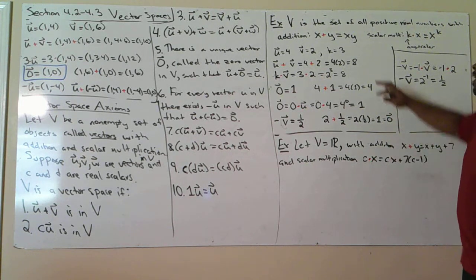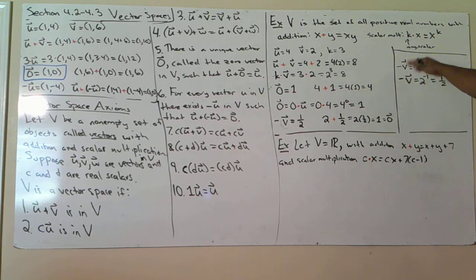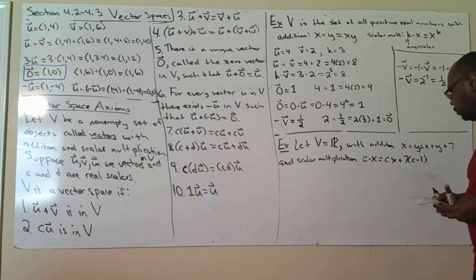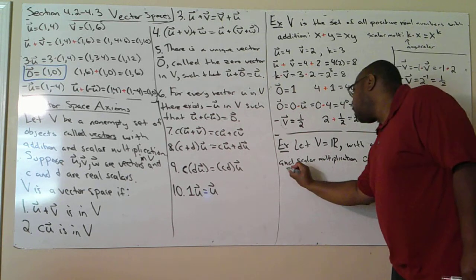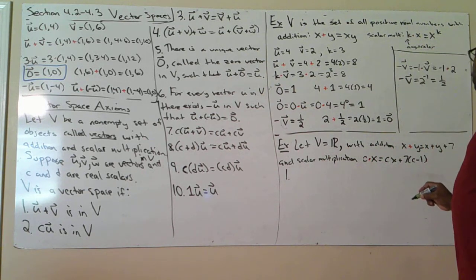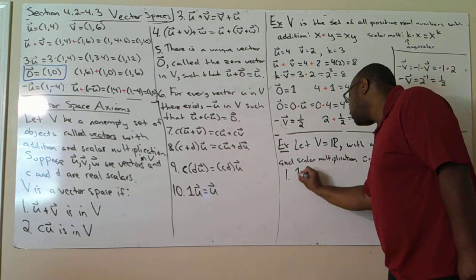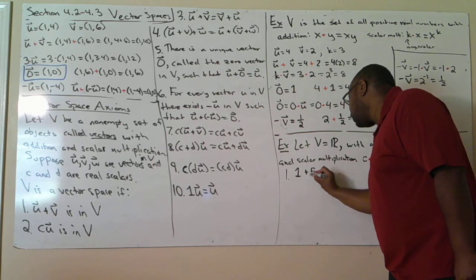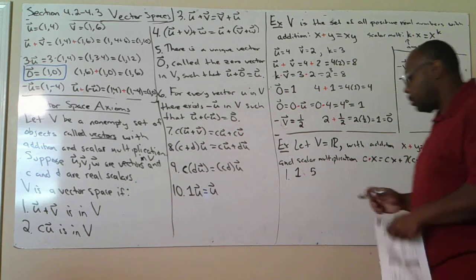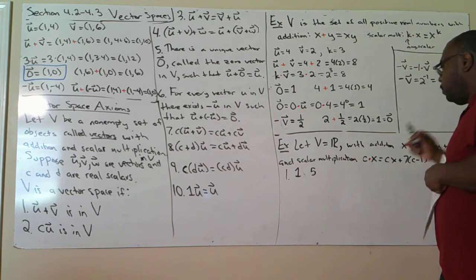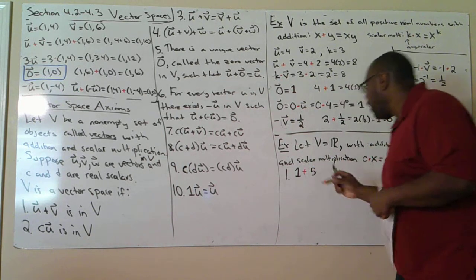So this is a lot easier than this one here. I have to make sure I get positive numbers back. Let's do a quick addition. 1 plus 5.